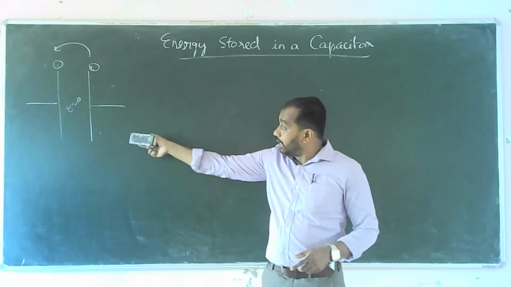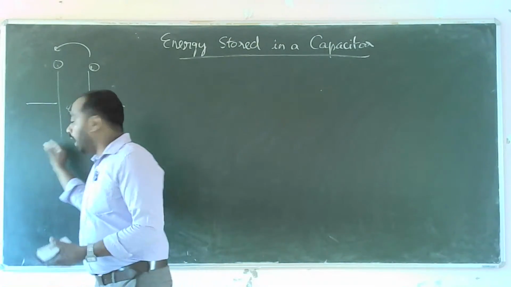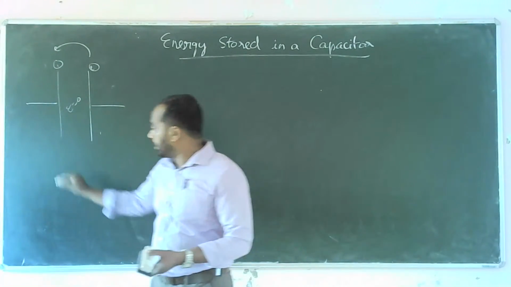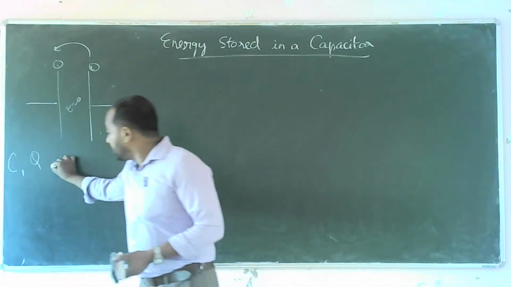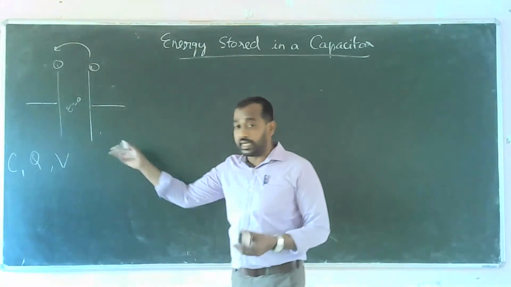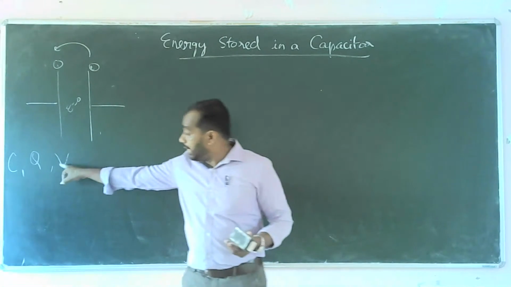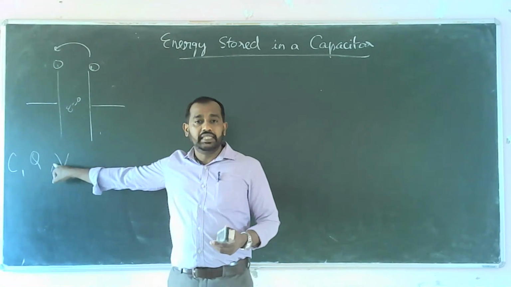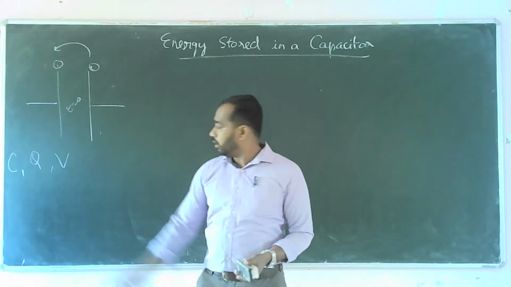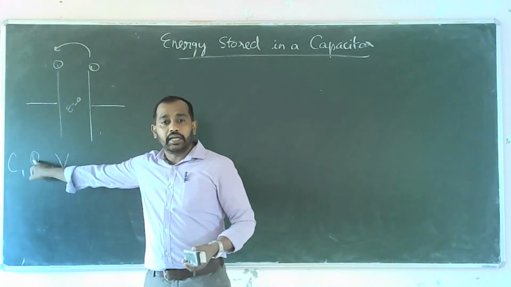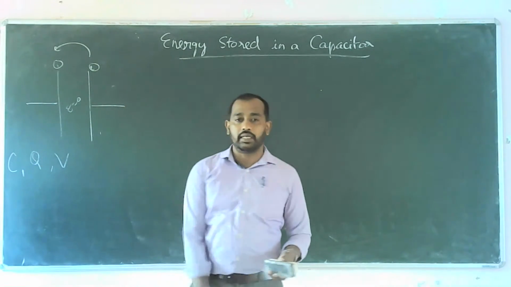The capacitance is a constant, and the maximum charge it can acquire is capital Q. Capacitance is represented as C. The maximum potential difference is represented as V. In other words, when a maximum potential difference of V is applied between the two plates by some external source, the charge deposited on the capacitor is capital Q, and its capacitance is C.